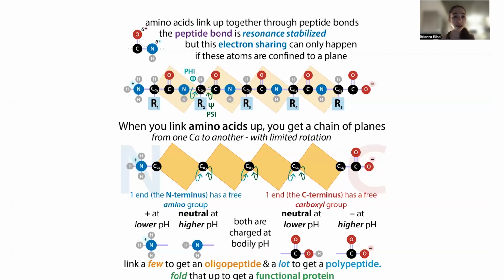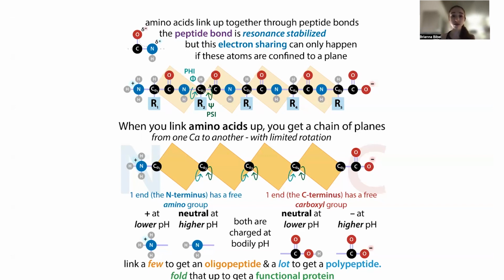One reason why this matters is that you can't rotate around double bonds. You can rotate freely around a single bond, but you can't rotate around a double bond. And so when you have these amide bonds, these peptide bonds, with this partial double bond character, you can't rotate around them, and you end up having a chain of planes where there are only specific locations that you can rotate around.